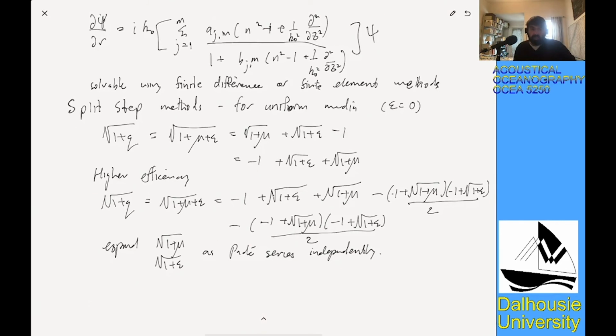Okay, pretty straightforward in principle. In practice, it can get a little messy, but it's not so bad when you look at the code. And really what we're doing is solving the one-way equation in range marching. So we update our range as we propagate the energy.